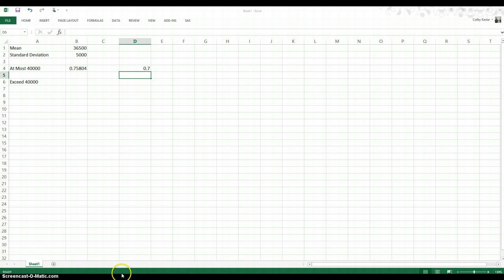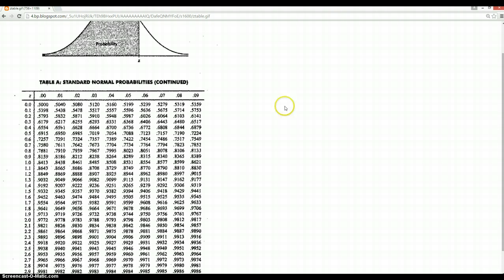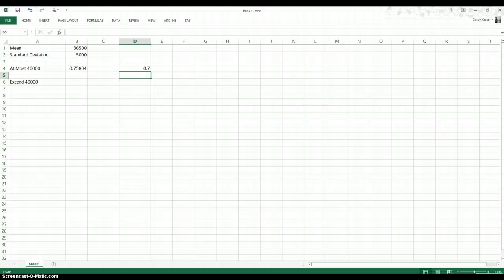And if I go and look at a table of standard normal probabilities, and I look for 0.7, so that is this first column here, 0.7 would be this row down here. It says 0.7580, and that's the same as what we got over here. So it matches up with the normal distribution table of probabilities.